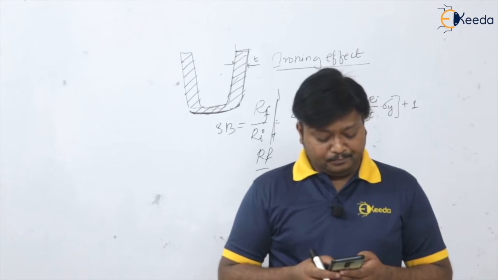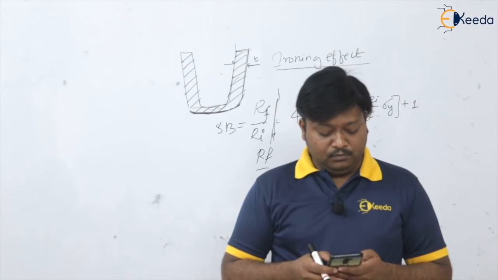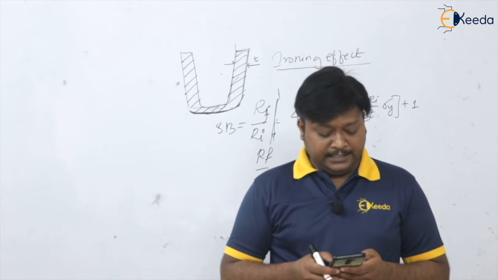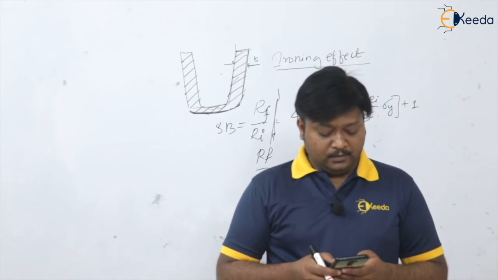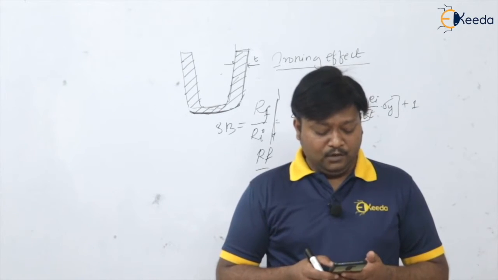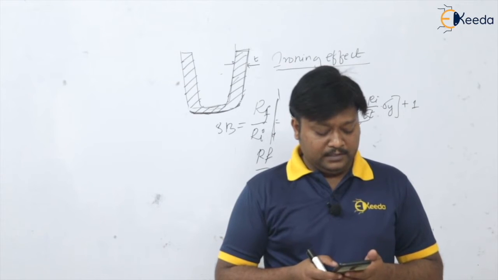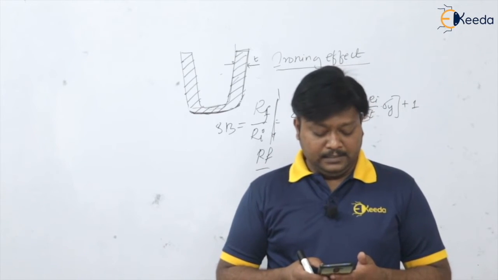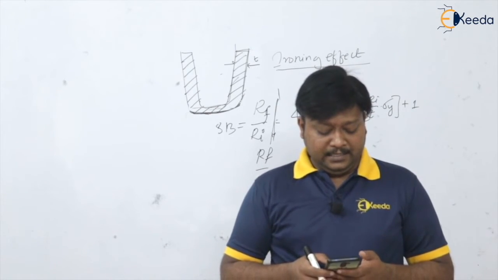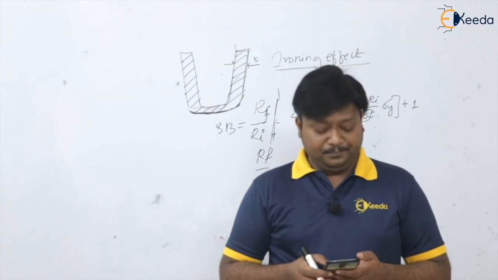Next question. In blanking operation, the best way to improve the smoothness and the squareness of the edge is to, okay, this is very easy. Option A, reduce the gap between the punch and die.